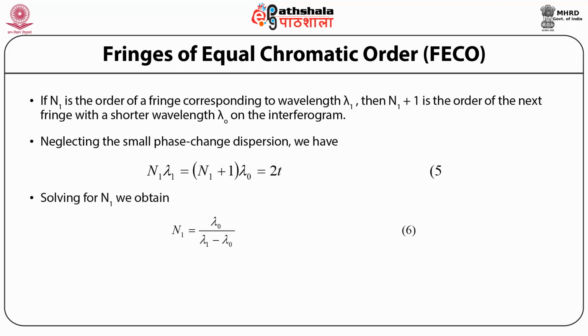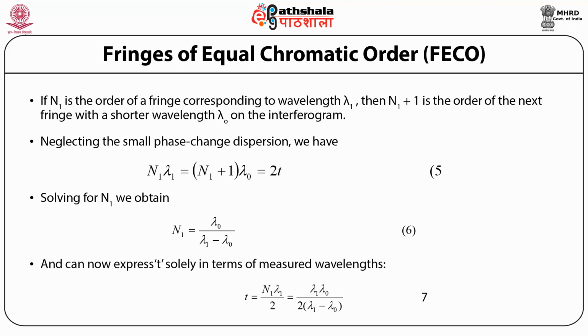Now solving for N1, we obtain N1 equals lambda naught divided by lambda 1 minus lambda naught, which is equation 6. We can now express T solely in terms of measured wavelengths as T equals N1 lambda 1 divided by 2, equals lambda 1 lambda naught divided by 2 into lambda 1 minus lambda naught. This is equation 7.